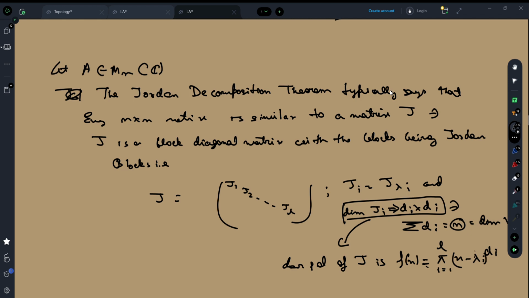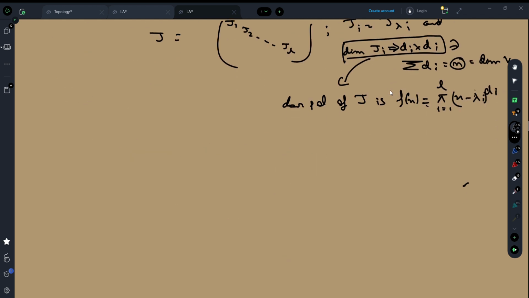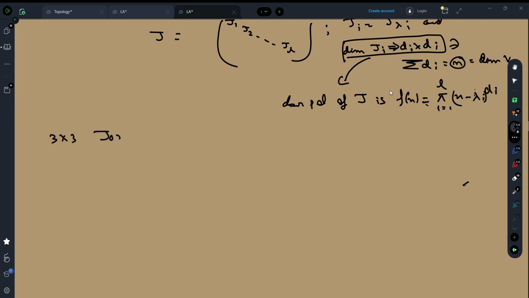And a diagonal matrix associated with some eigenvalue is also a Jordan form. What I'm trying to say is, what are all the 3 cross 3 possible Jordan forms? Okay.